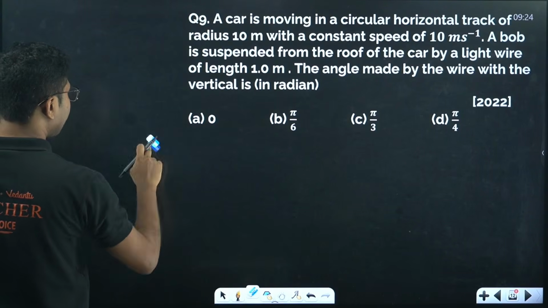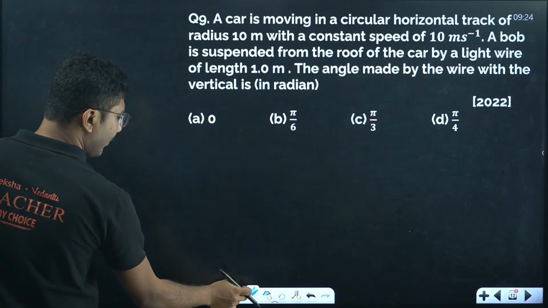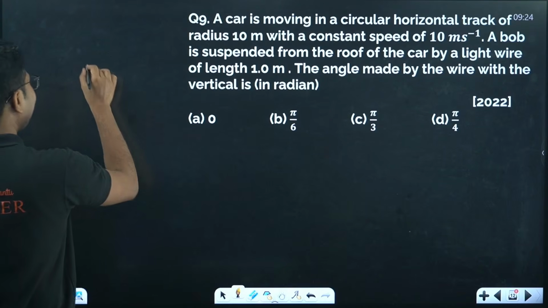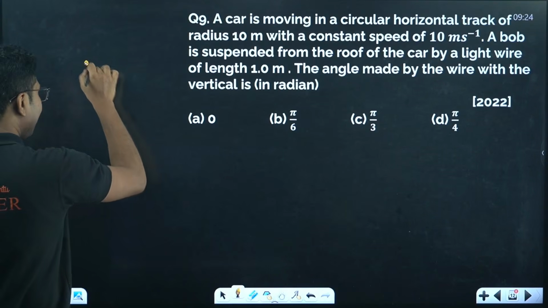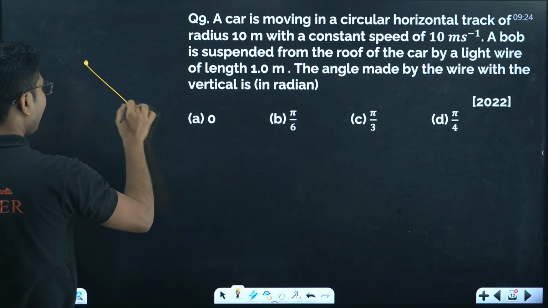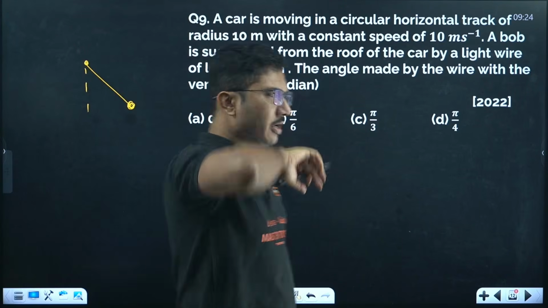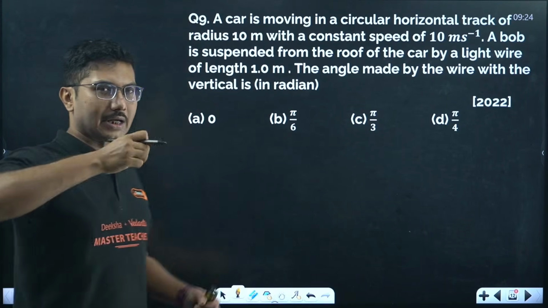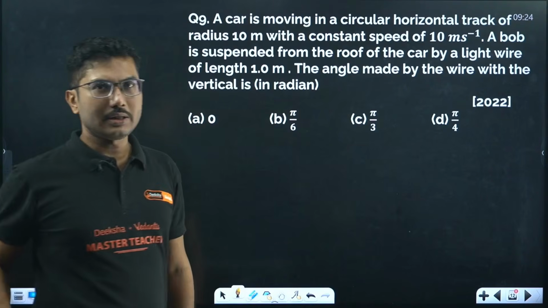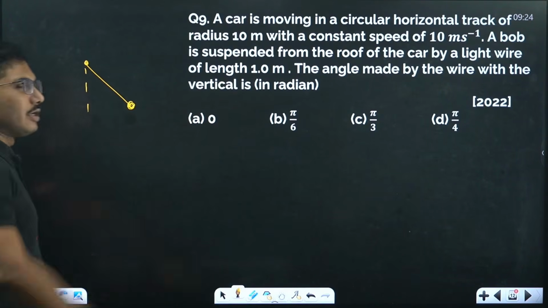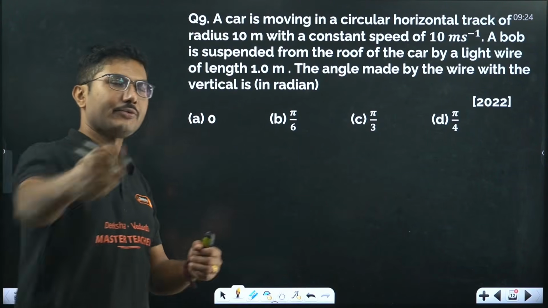When you hang a string, it will make an angle with the vertical to adjust the centripetal force. If you hang something in a car and rotate it in a circular path, the string itself will move away from the direction of the center.